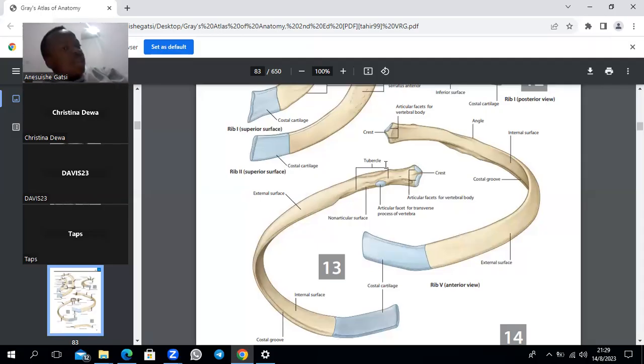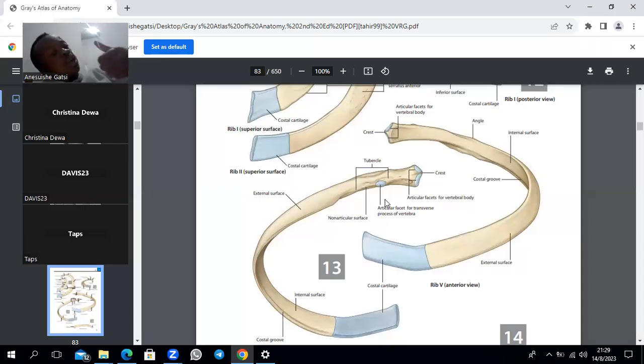So already you know that the rib has three sites where it articulates with the vertebral column. So a typical rib should articulate with the vertebral column at three sites. Two of the sites are at the head, then the third site is at the tubercle. I prefer calling that joint the TT joint, double T. Why?